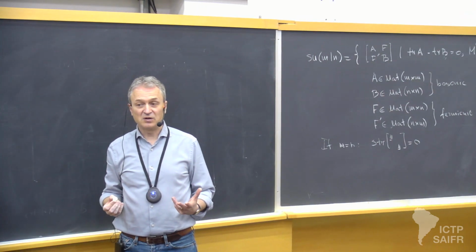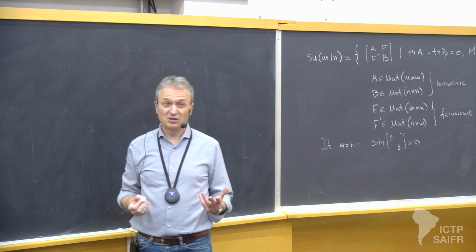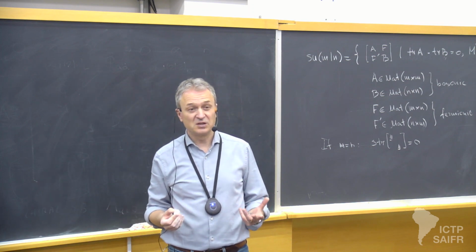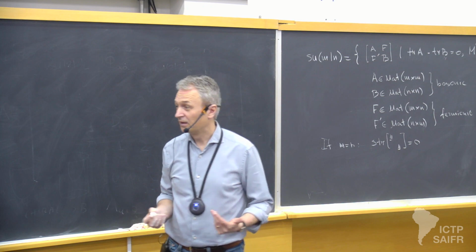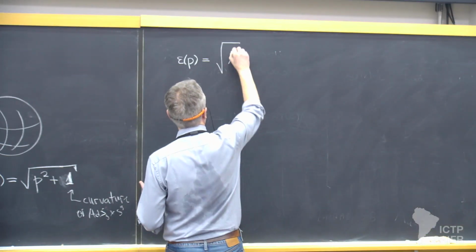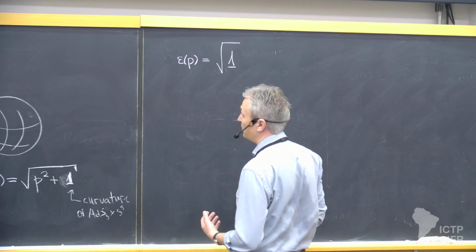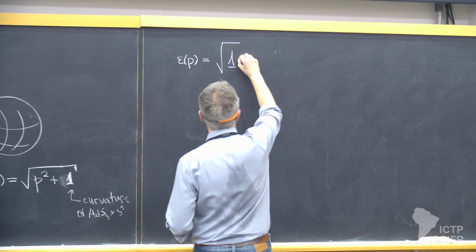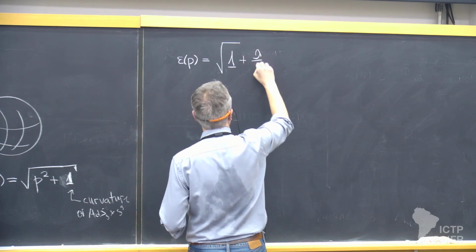And it turns out that representation theory uniquely fixes the dispersion relation, which happens to be just the square root of the tree-level answer, in a sense.